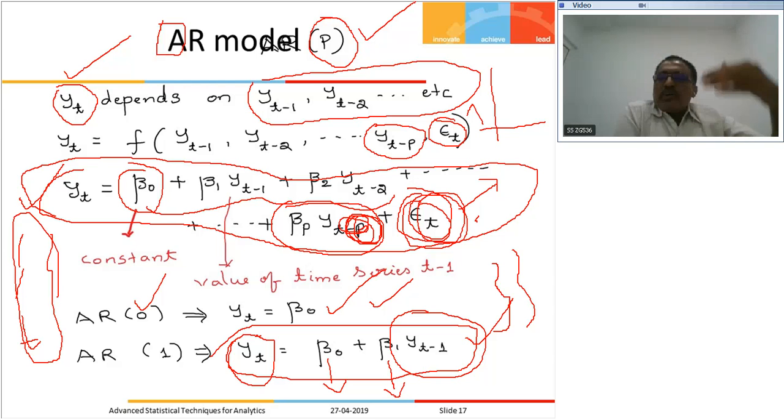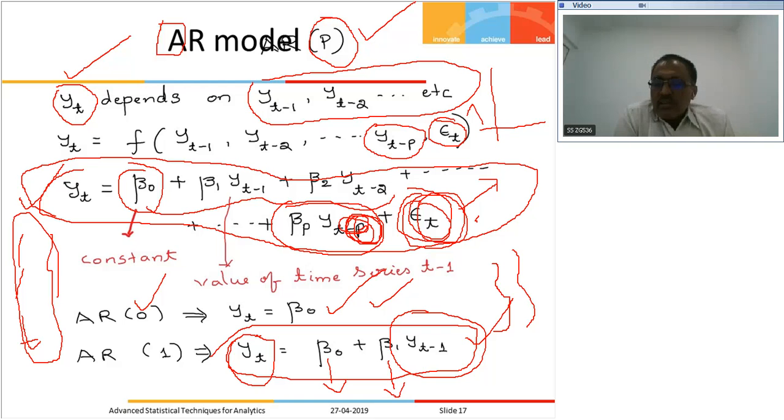Suppose you want to go further and see how the stock behaved over the entire week. Then it goes to y t minus 1, and so on. Actually, you are going to forecast for t, right? Whether you take t minus 1 or t minus 2 or t minus 3 or t minus 4 depends on what you are expecting or what clarity you are looking for.